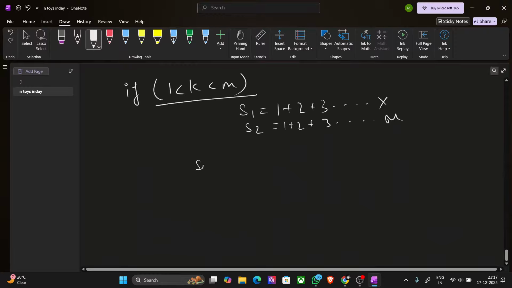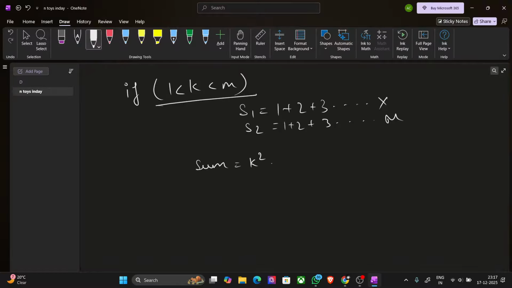So then the summation will be k squared plus s2 minus s1, right? If this is clear, let me know please.